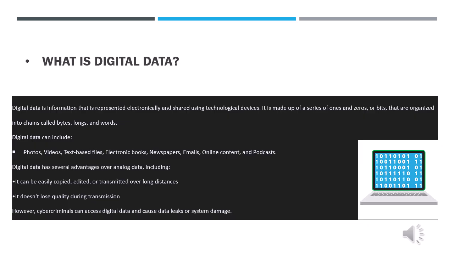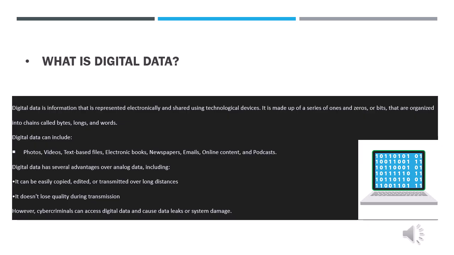What is digital data? Digital data is information that is represented electronically and shared using technological devices. It is made up of a series of ones and zeros, or bits, that are organized into chains called bytes, longs, and words.